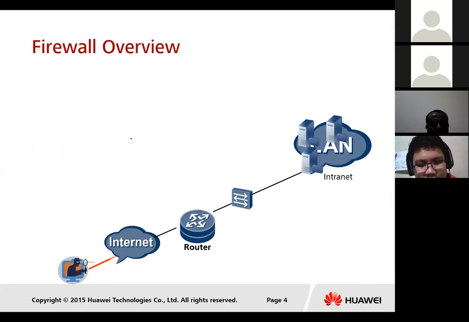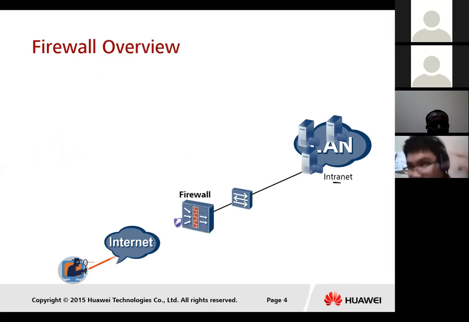Based on this environment, we have an intranet. This is your local LAN. For the attacker, without a firewall, they can easily go from the public network into your private network, let's say you do not have any prevention. That's why we provide a firewall between the intranet and the internet.